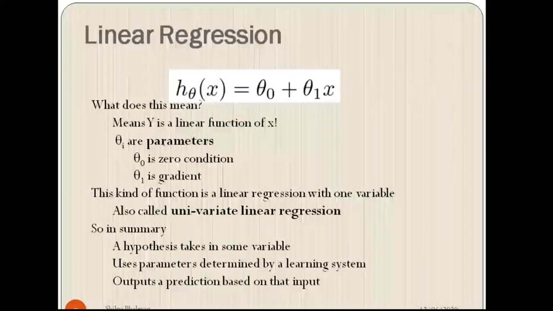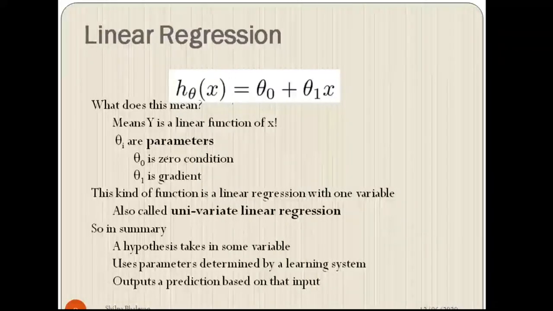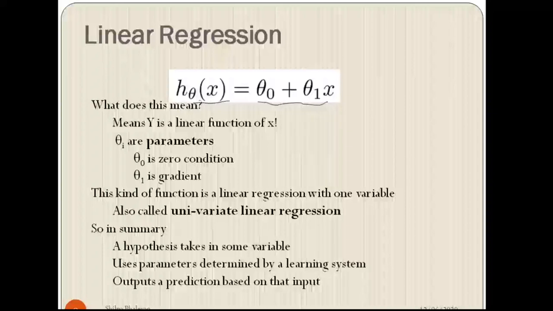Now, that was the mathematical part. If we talk about machine learning terms, we have a hypothesis. The hypothesis computes the value of y based on x, and here we define two parameters, theta 0 and theta 1, or B0, B1, or W0, W1.